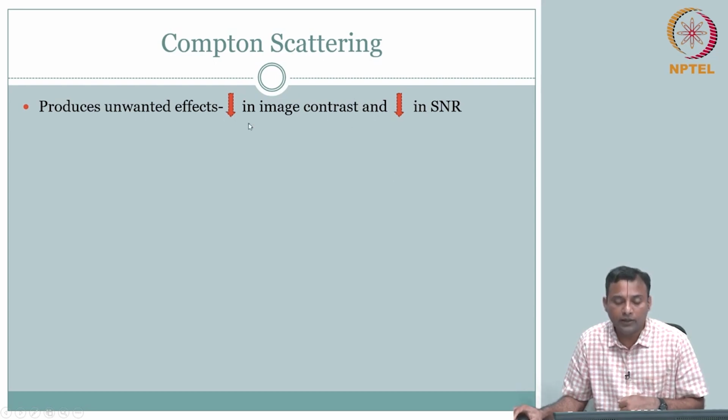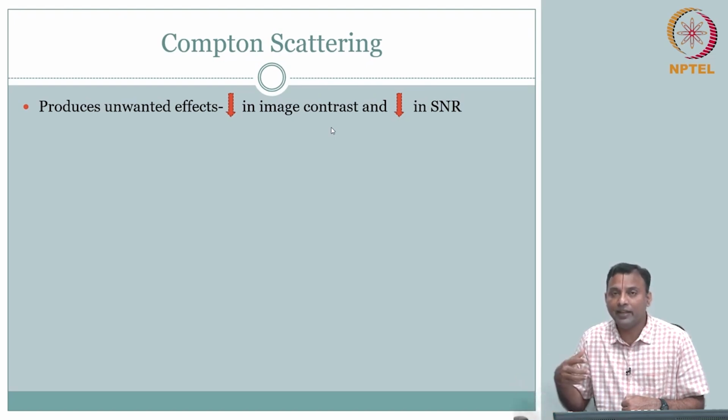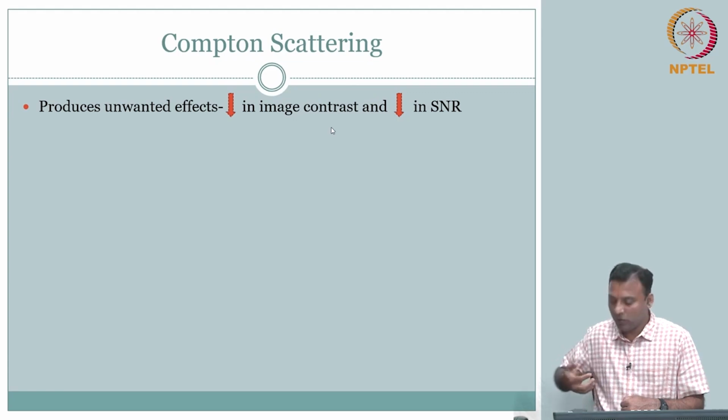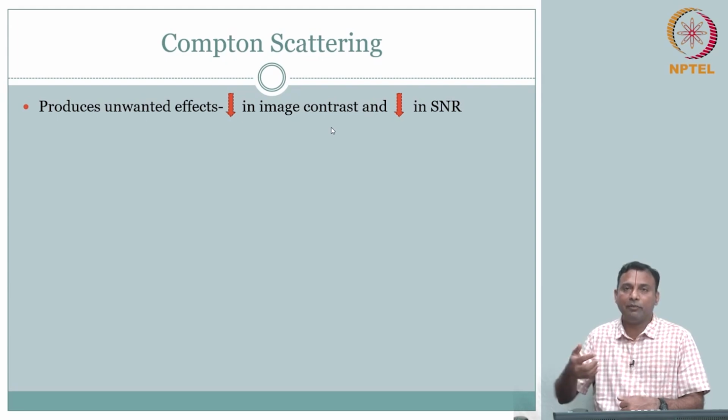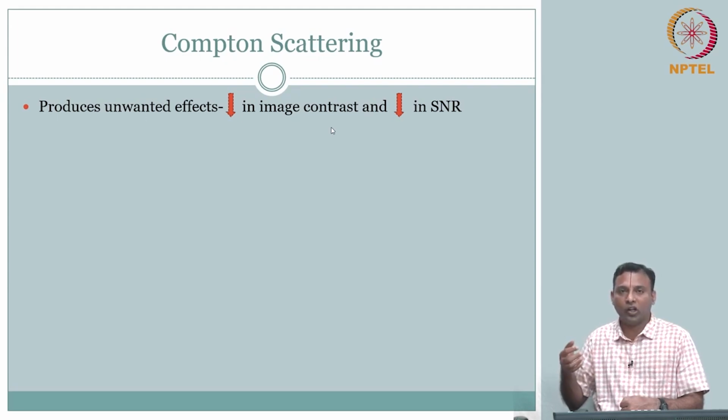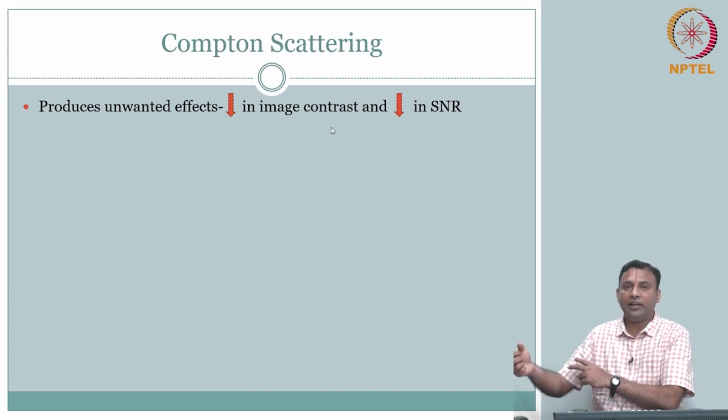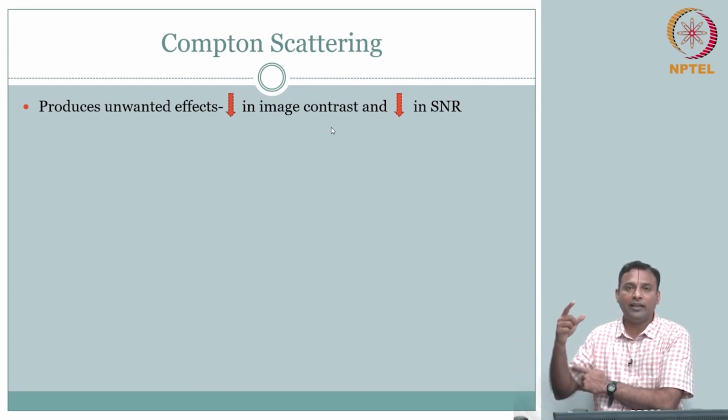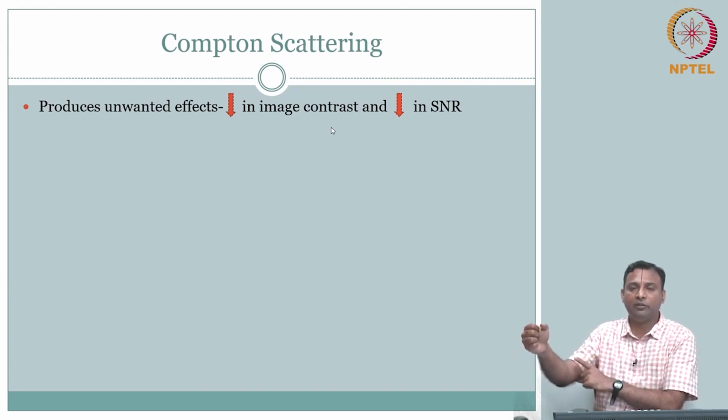How does it reduce the image contrast? I hope you did this exercise when we did the introduction for your image quality. I talked about how I did this experiment of taking my phone and switching on the torch, and if I remember right, the example was the contrast between my shirt and skin.